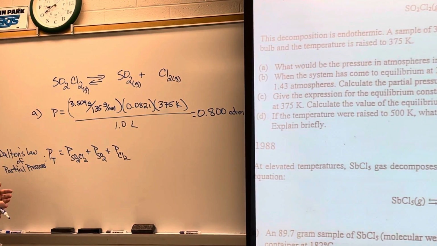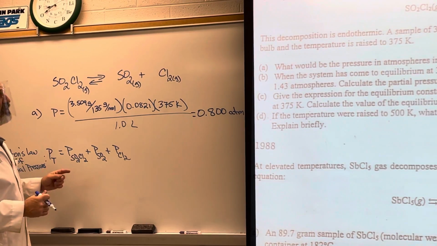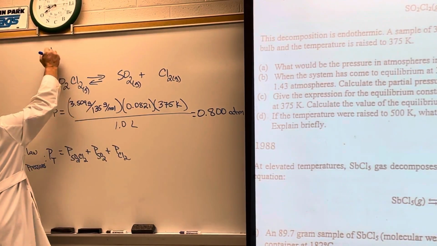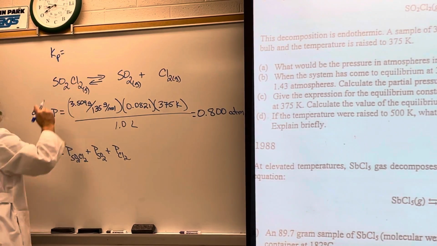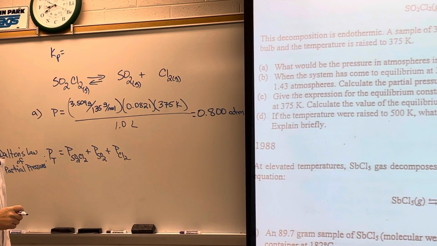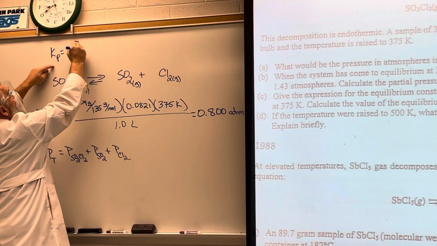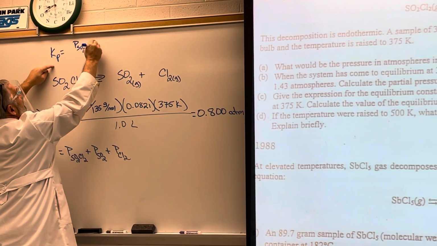So, okay, if I want to calculate the partial pressures, I know that Kp is what I have to find. Do they give me Kp? No, that's what I have to find out. So in order to find Kp, I have to know these three things.